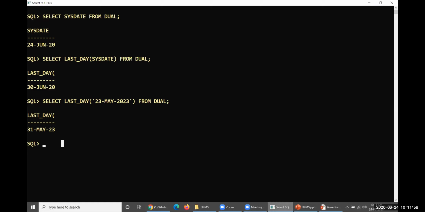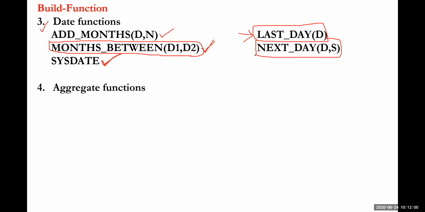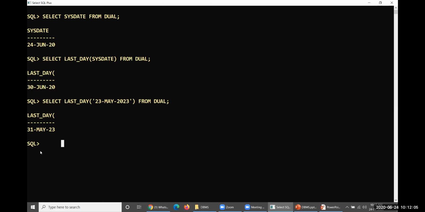Let me consider the information about NEXT_DAY. What do you mean by next day here? It takes two different parameters. Let me consider: select NEXT_DAY of SYSDATE, comma, for example, today it is Wednesday, and I'd like to know when next Monday will be.